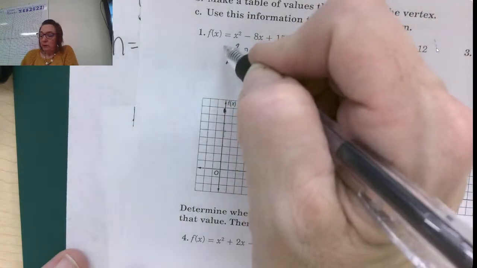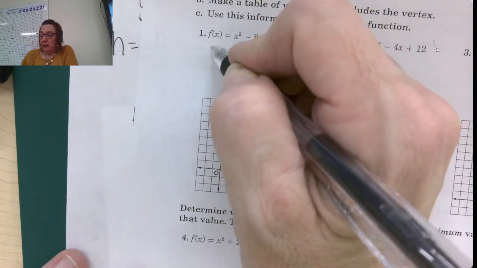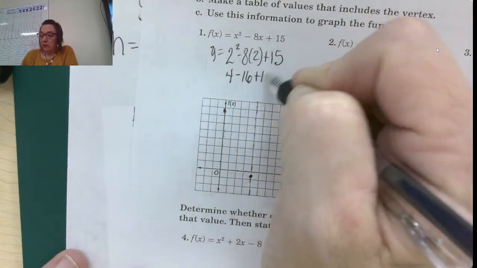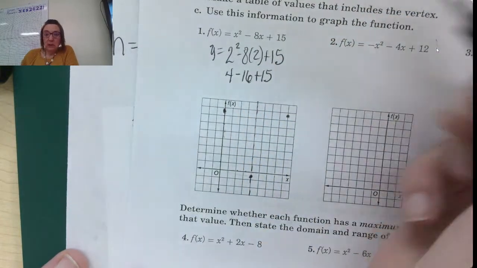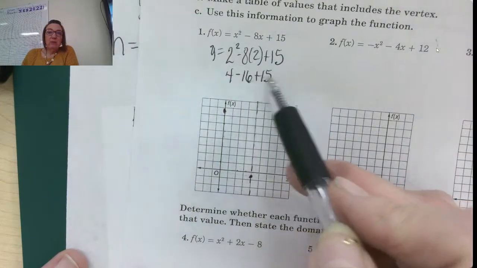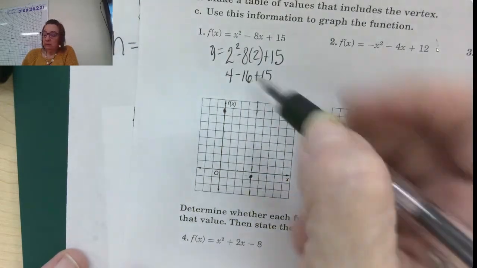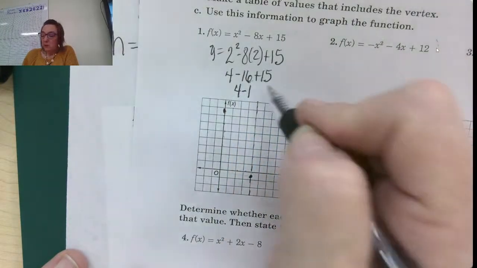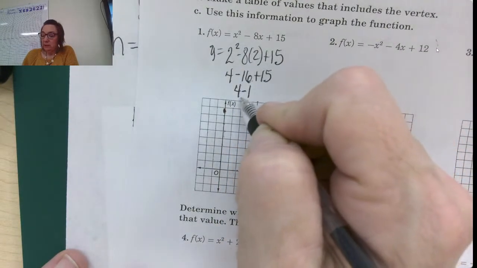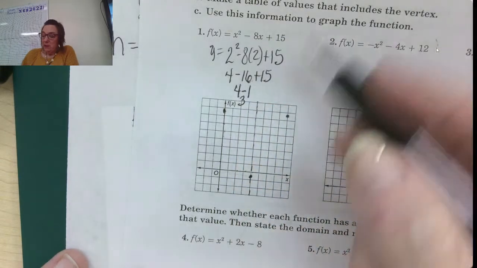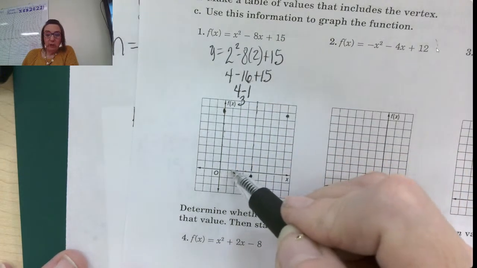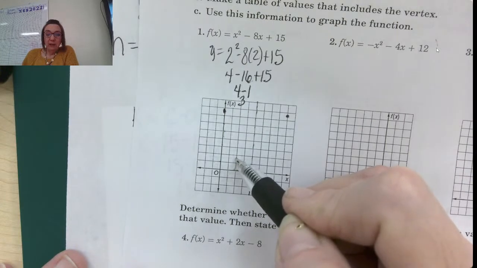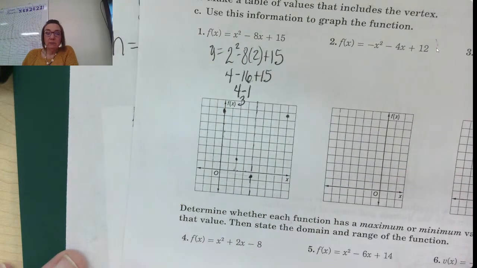So 2 squared is 4 minus 16 plus 15. Y'all know what negative 16 plus 15 is going to yield, right? So what does that give us for that? 3. So if x is 2, y is 3, that's that point right there.